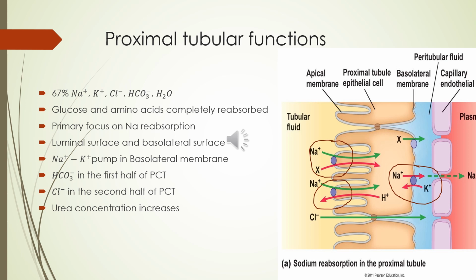And we know that bicarbonate ion and chloride ion are the major anions in the tubular fluid. Bicarbonates are reabsorbed mainly from the first half of the proximal convoluted tubule, and chloride ions are reabsorbed from the second half of the proximal tubule.